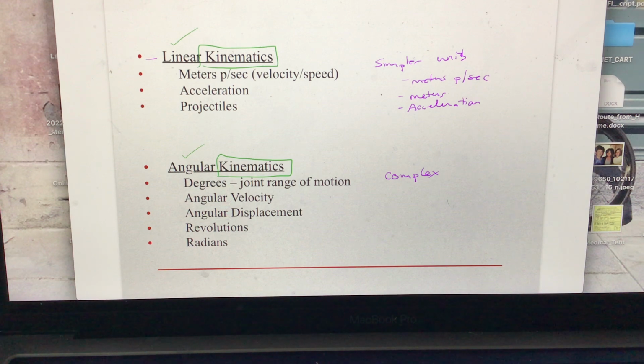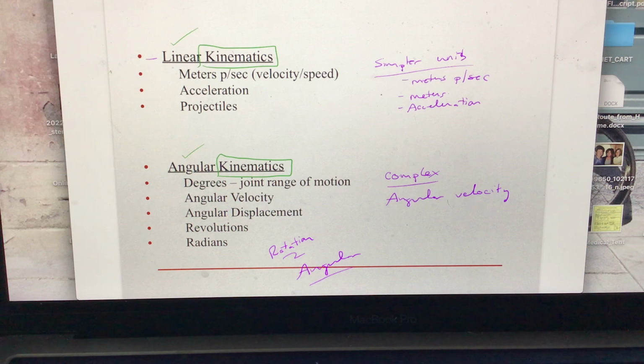Okay? So some examples of units that you would see here. Think about rotation. Didn't we say that angular was movement around an axis? So think about units of measure that are going to involve more rotation. What are some examples? Angular velocity. Whew, it's a mouthful. So I think about rotation or angular.